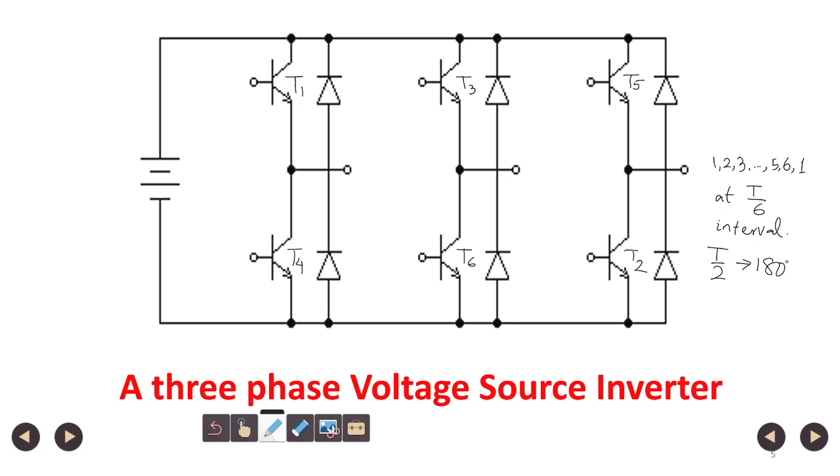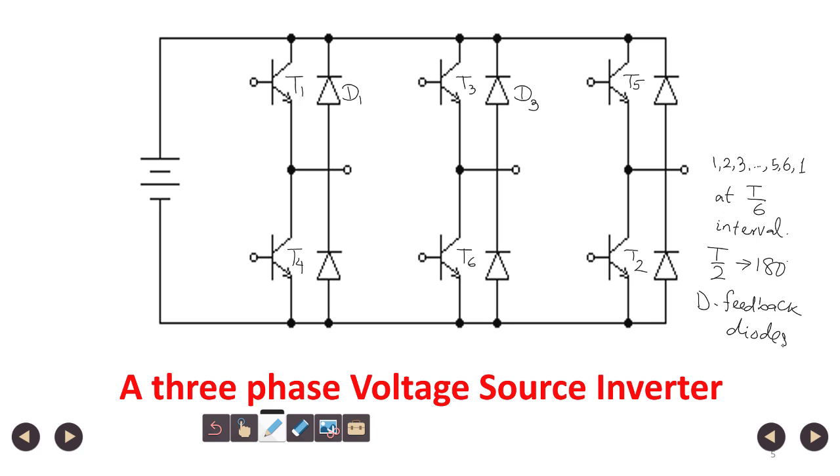And these T1 to T6 are the switches which provide power to the load, and across each switch there is a diode like D1, D3. These are the feedback diodes.